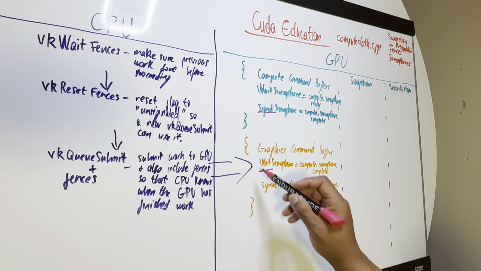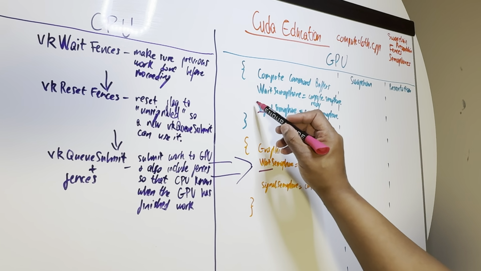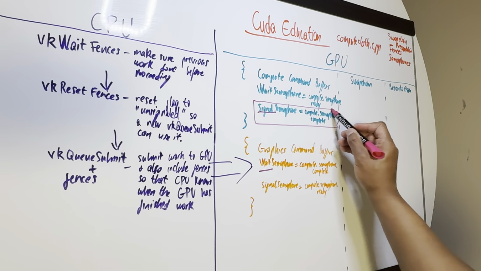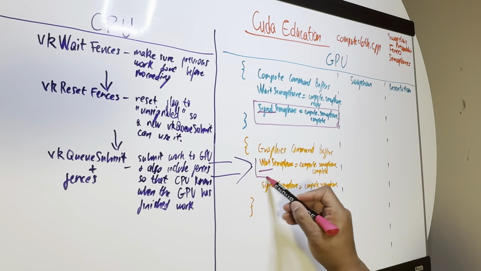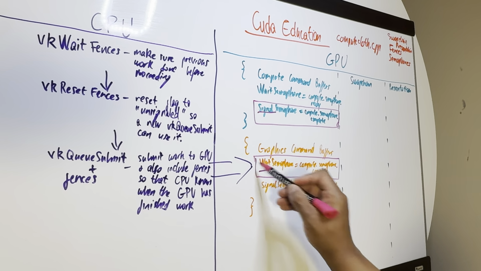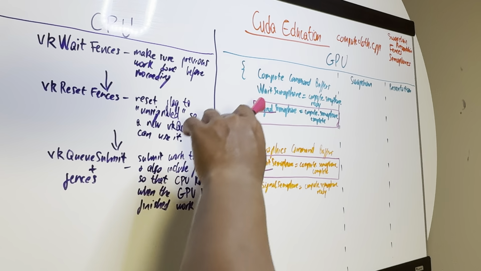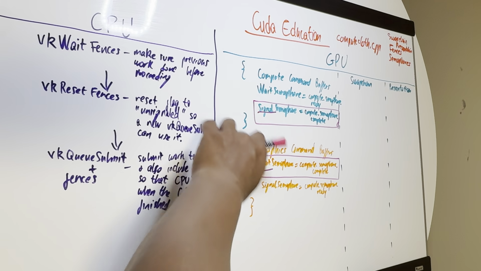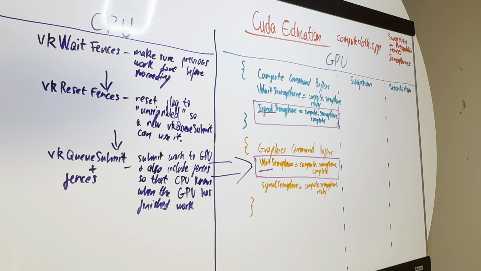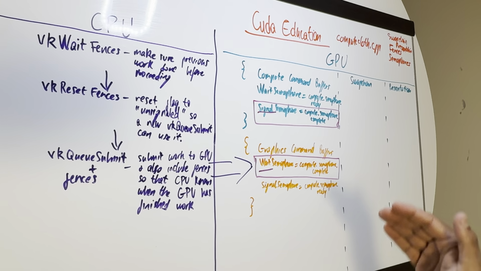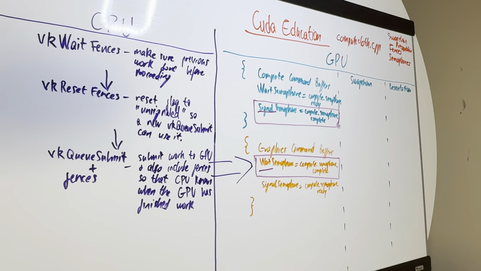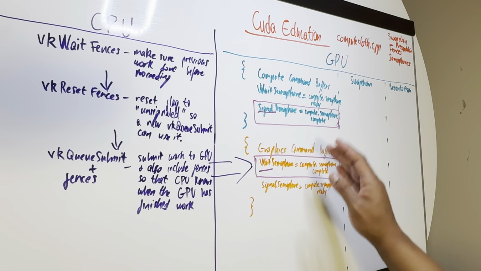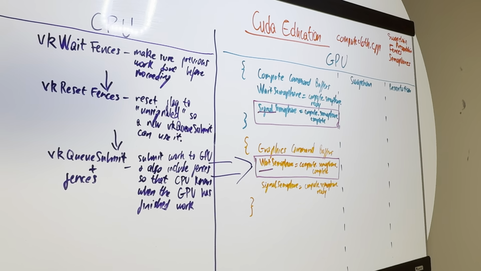So these two are a pair: compute signals that it's complete, and graphics waits for compute to be finished. So graphics is not going to start until it gets a signal from the compute buffers that compute has been completed.